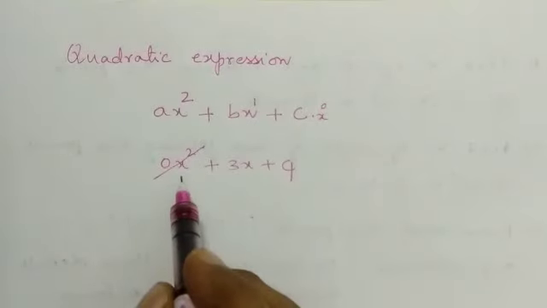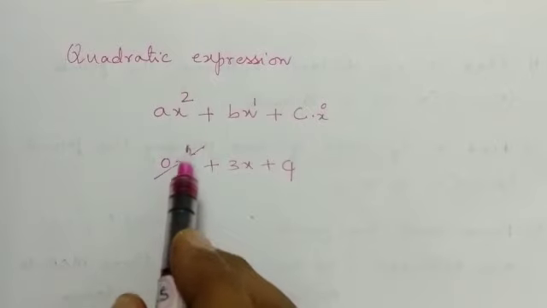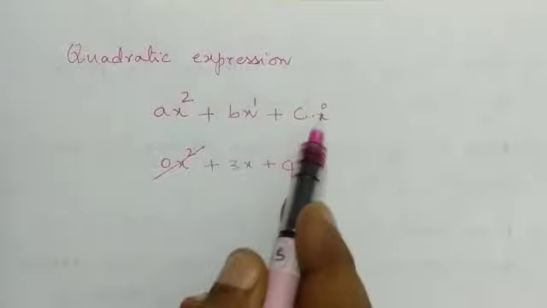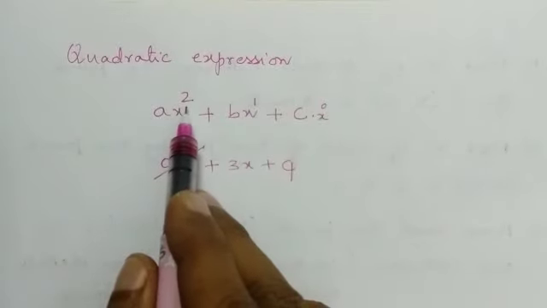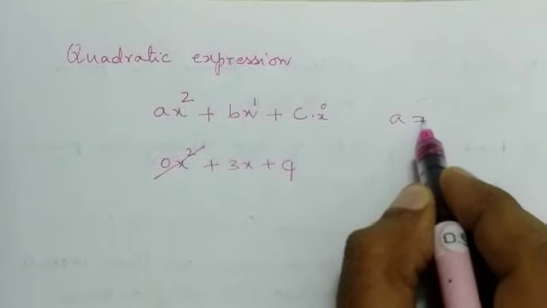This term will be present only when its coefficient is not equal to 0. So, the highest power of x must be 2 and its coefficient is not equal to 0.